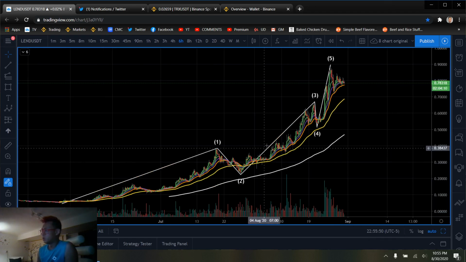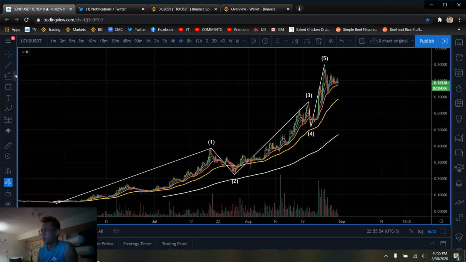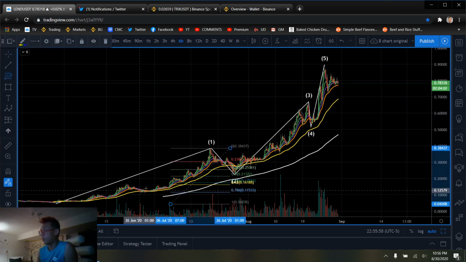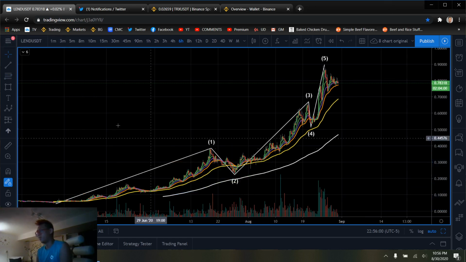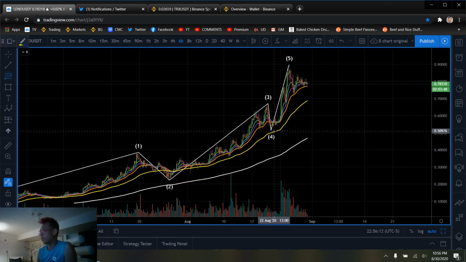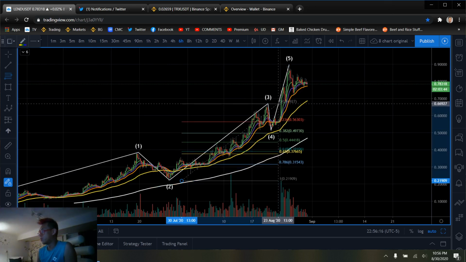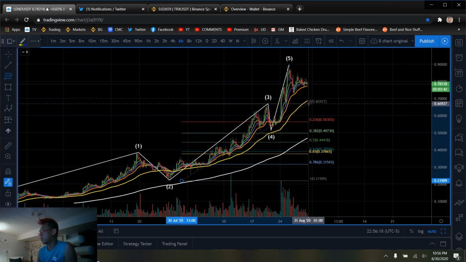So if those were the 5, the Fibonacci retracement of wave 2 is only dependent on wave 1. The retracement of wave 4 is only from the start of wave 3, okay?